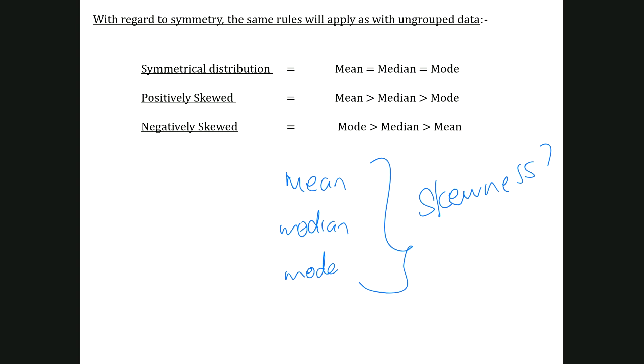Now remember, when the mean was equal to the median and equal to the mode, it was a symmetrical distribution. It's called a symmetrical distribution.